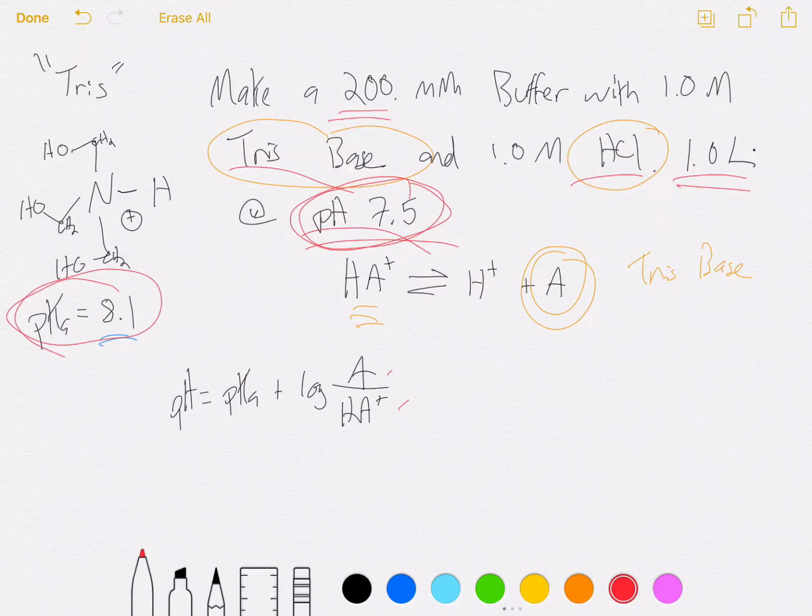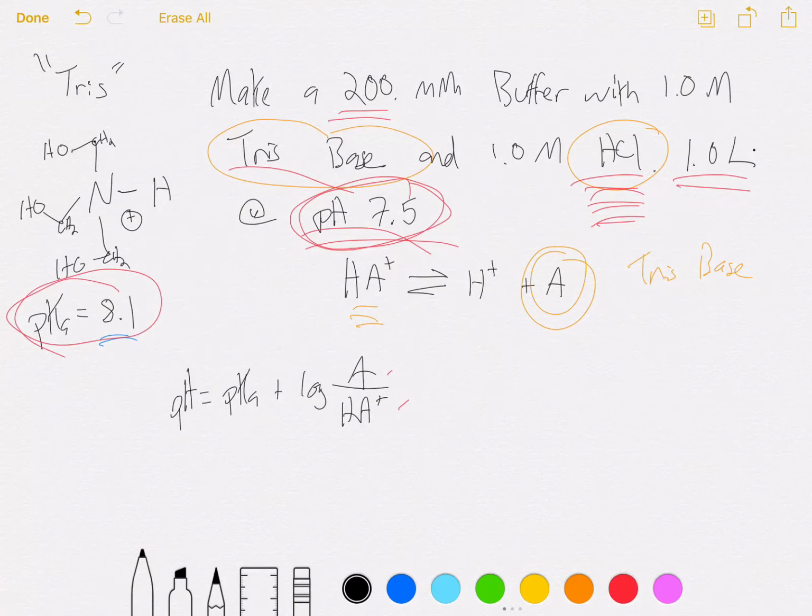And so basically, HCl does not have any A in it, right? So that's just a strong acid. So in other words, the amount of A plus HA that we need all has to come from tris base. And then the amount of HA that we have is going to be a fraction of that that's converted to the HA species by the addition of hydrochloric acid.